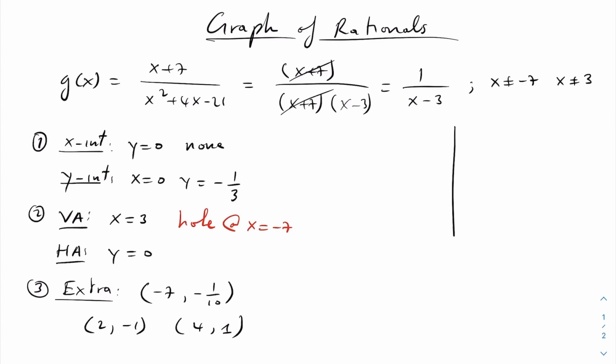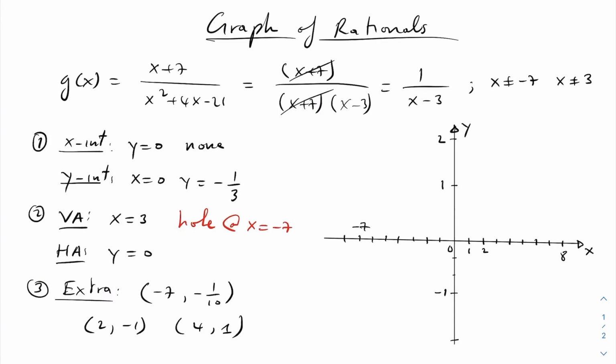All right, so with that, I'm going to go ahead and draft all my asymptotes. I'm going to have x equals 3 here. And then I'm going to have y equals 0 here. Since y equals 0 is the x-axis, I'm just going to put arrows here looking backwards to say that that's an asymptote. And then I'm going to go ahead and plug in my points.